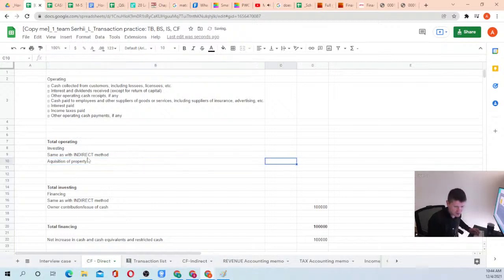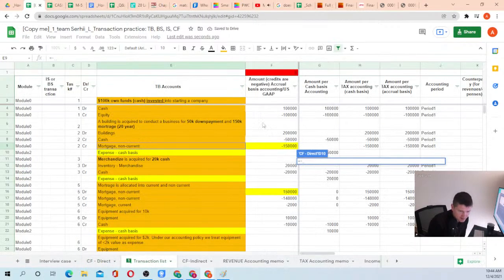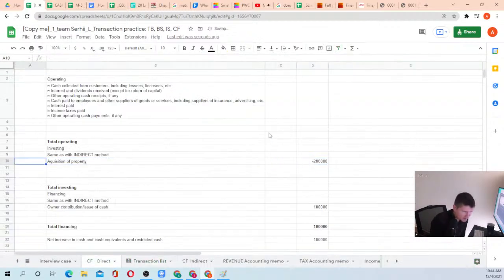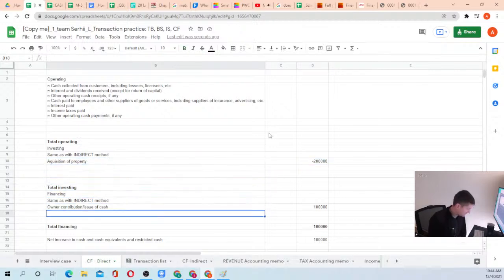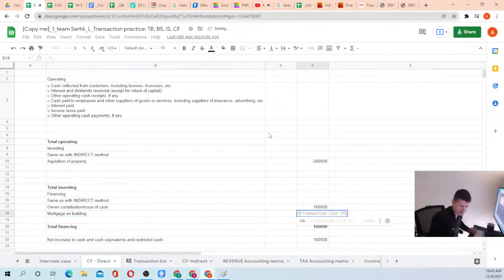And that's obviously a cash outflow for you. But you also got a borrowing. You borrowed money to acquire that property, and that's cash inflow.